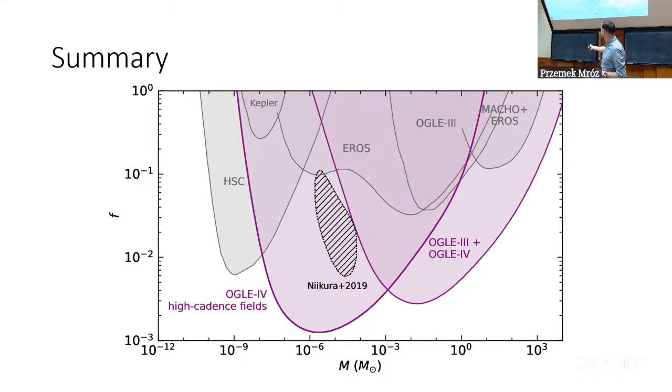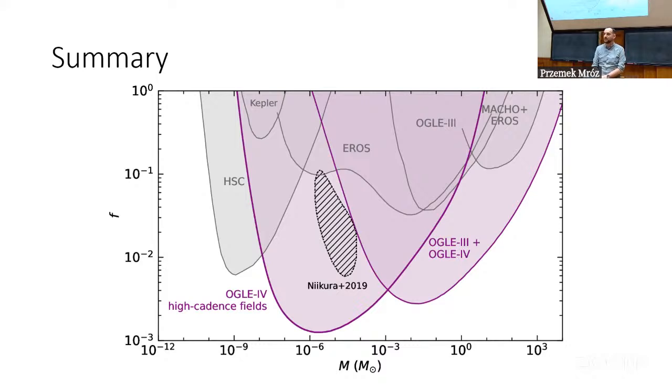At some point, around 10 to the minus 10 solar masses, we are limited by the fact that the size of the black hole is smaller than the wavelength of the light we are looking at. So we cannot push to lower masses with microlensing. I think we'll have these results for years from now. It will be really hard to improve on this.